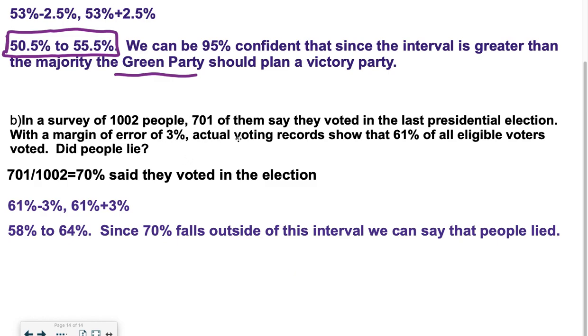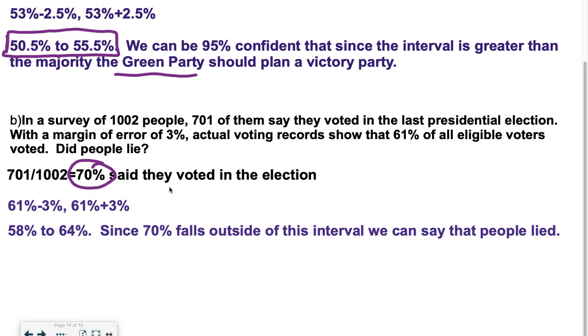In a survey of 1,002 people, 701 of them say they voted in the last presidential election. So that's about 70% of the people. Actual voting records show that 61% of all eligible voters voted.